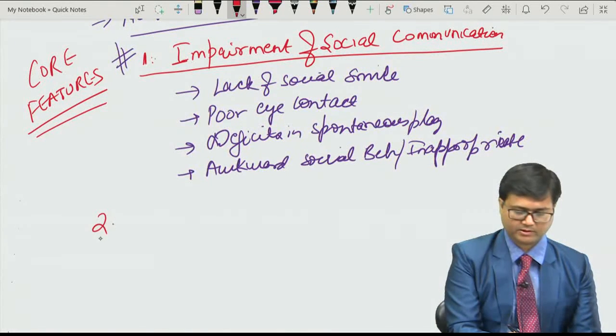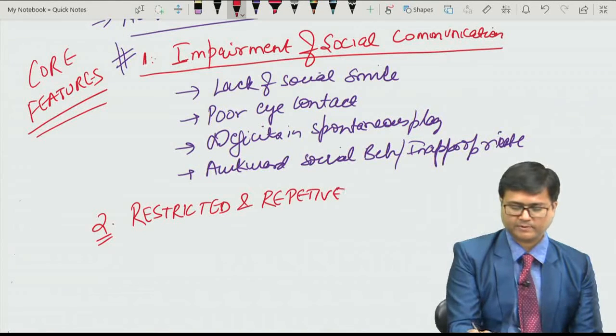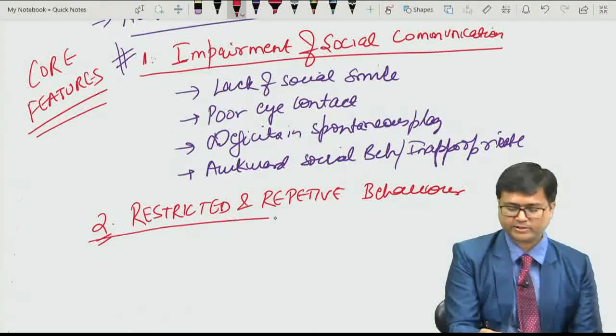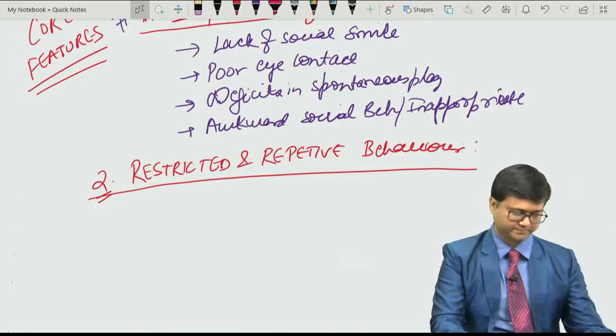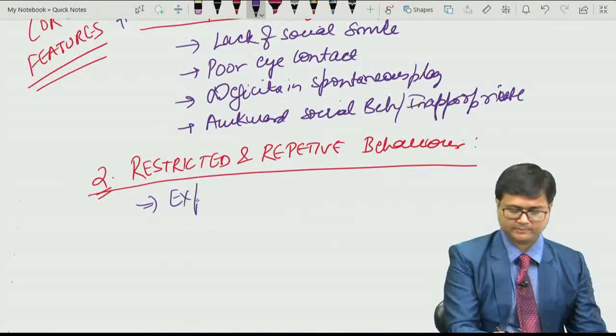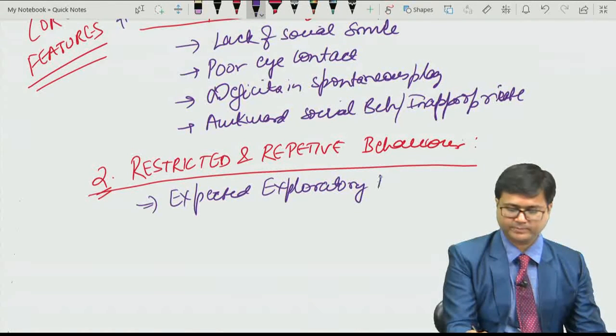The second important feature is restricted and repetitive behaviors. So there will be some restrictive and repetitive behavior seen. For example, the expected exploratory behavior is restricted.